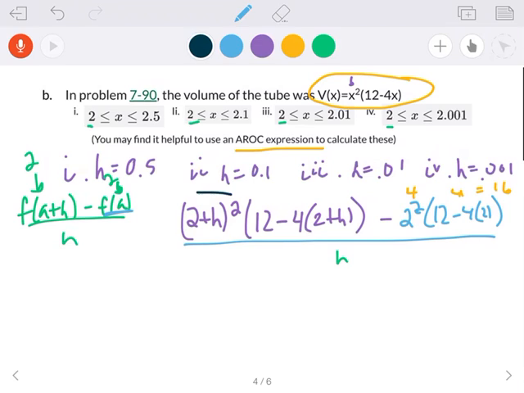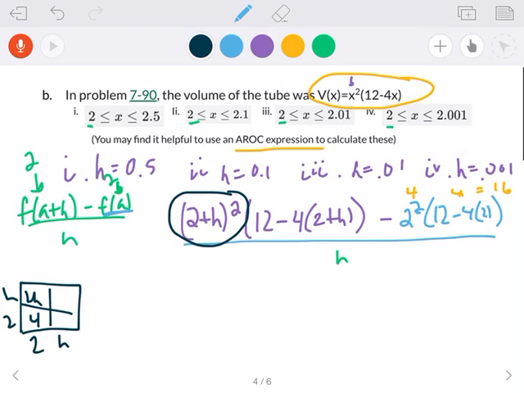So we can start with the 2 plus h squared. 2 and h, and 2 and h, we have 4, 2h, and h squared. So that becomes h squared plus 4h plus 4. And then we need to multiply that times the second set of parentheses here.